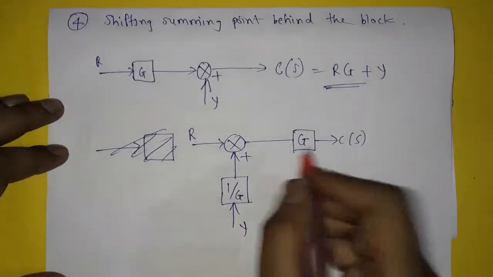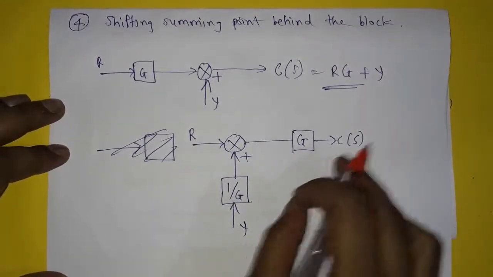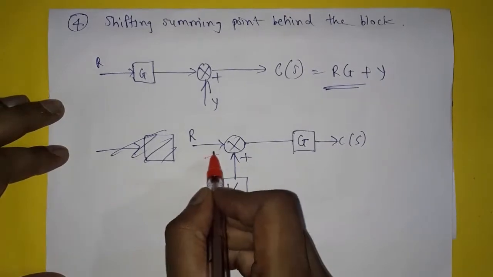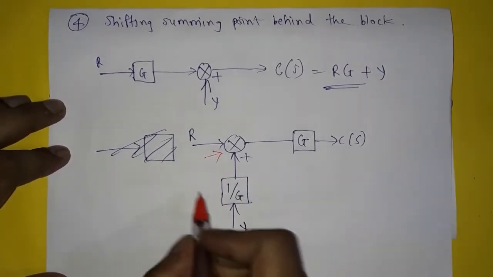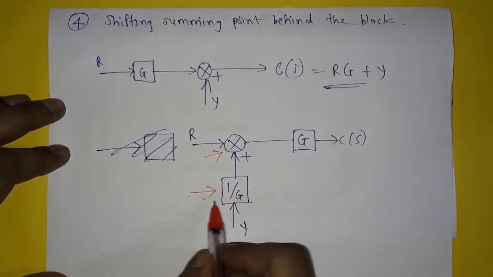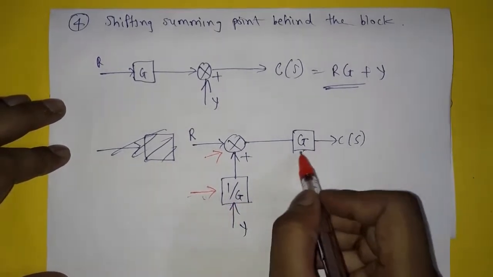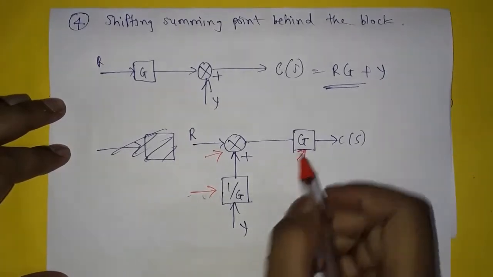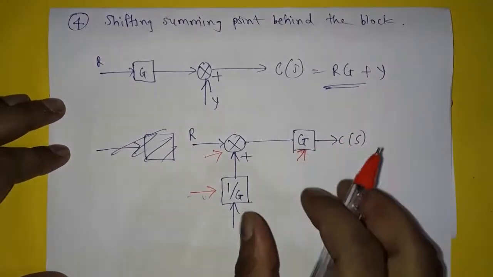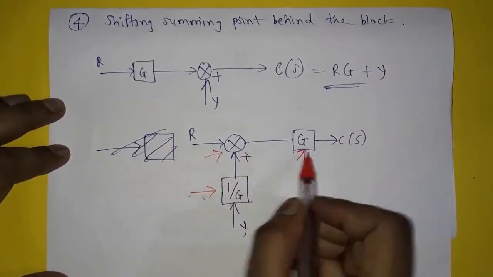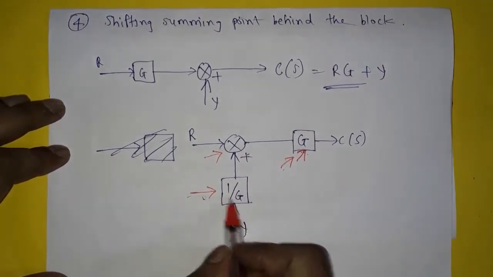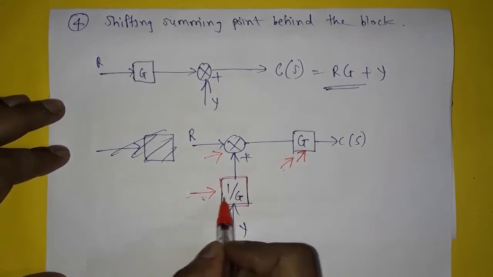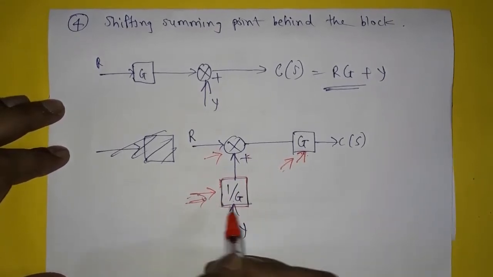Here in this case, when we shift the summing point behind the block, then we need to add one block which is equal to 1 upon G, because we are moving this summing point behind this block, so that we have added block called 1 upon G here.